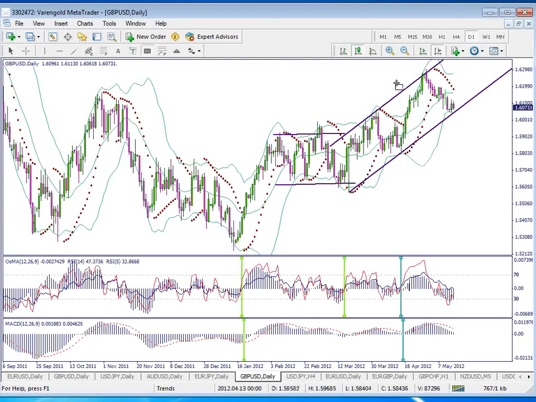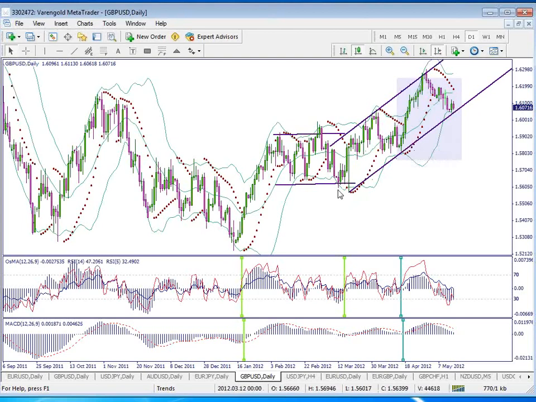What I can see is this part of the movement from this low. So after I have 2 lows and 1 high, I have the channel. So I can anticipate this part.